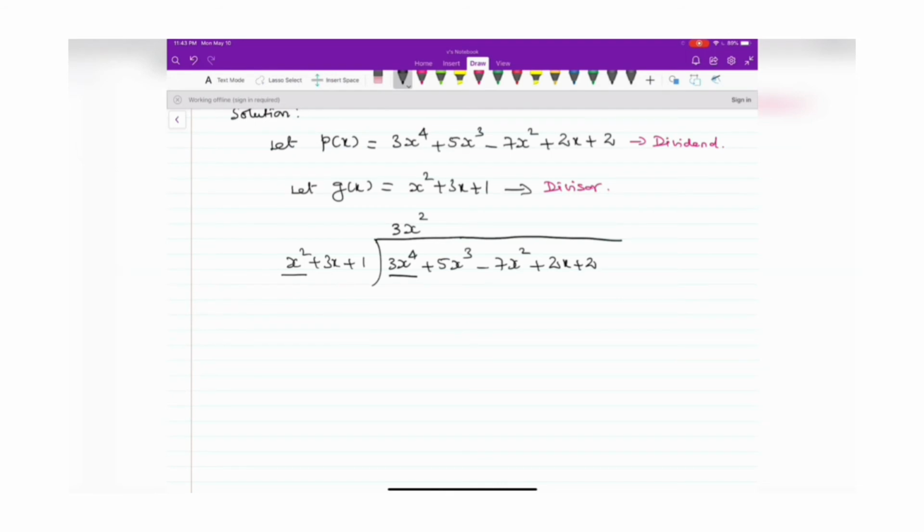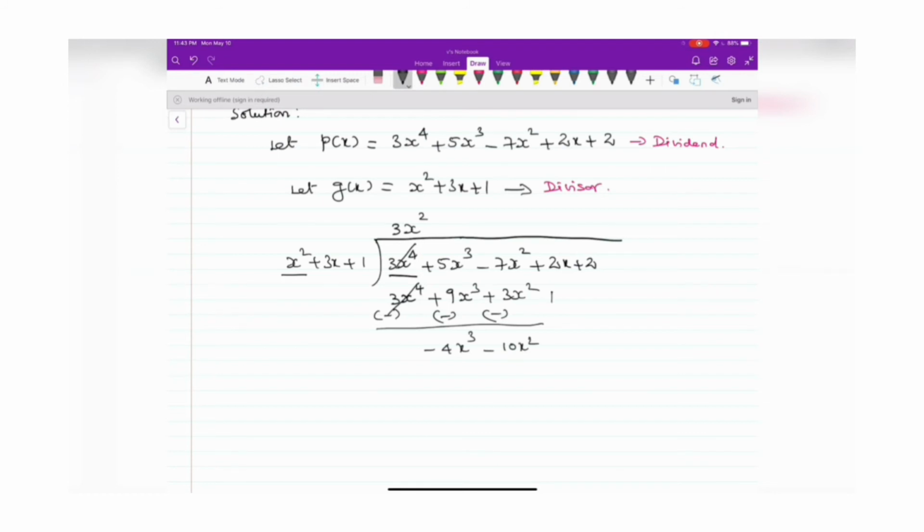So, that will give me 3x power 4 here, then plus 3x into 3x square will give 9x cube, plus 1 into 3x square will give plus 3x square. The usual procedure now, I have to subtract, the sign will change. 3x power 4 minus 3x power 4 will get cancelled. 5x cube minus 9x cube is nothing but minus 4x cube. Then minus 7x square minus 3x square, that will be minus 10x square.